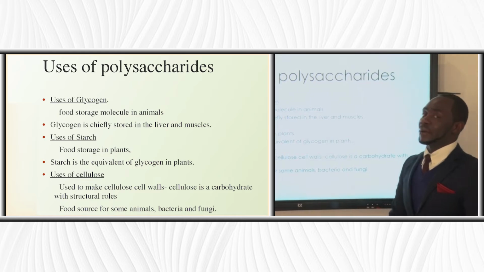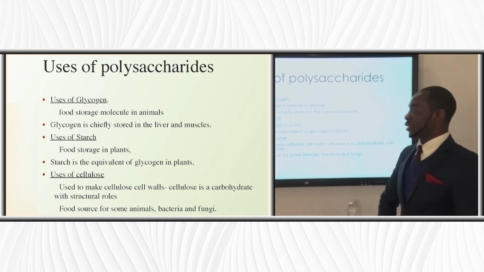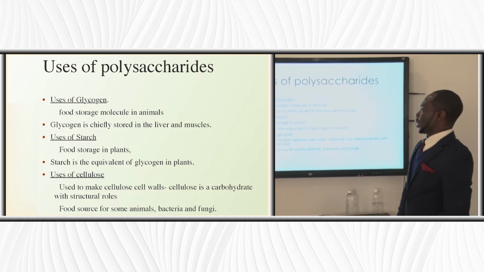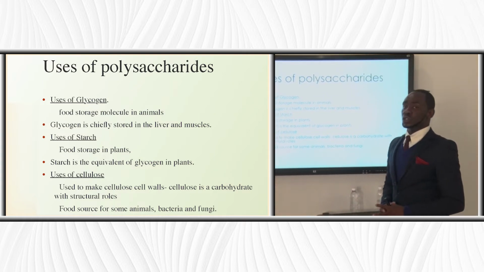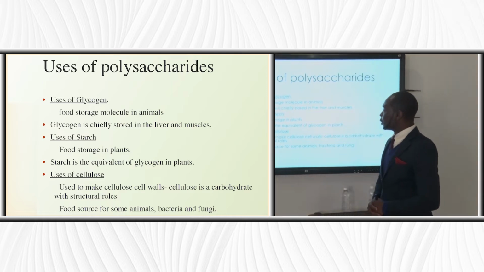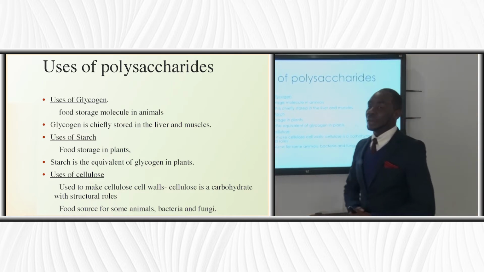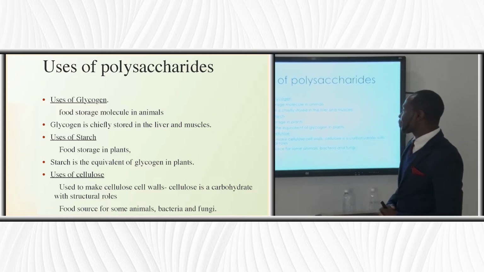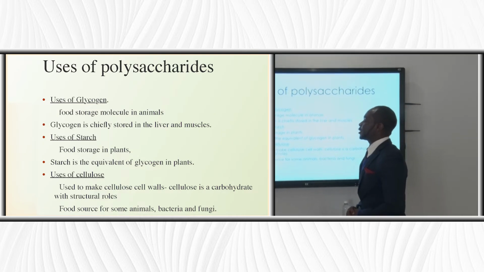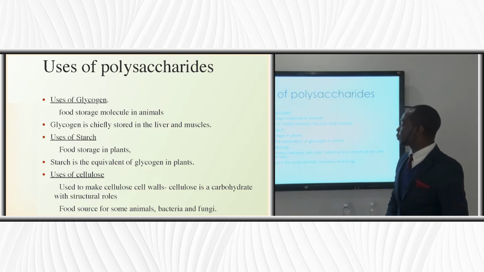Uses of polysaccharides. Let's start with the uses of glycogen. Glycogen is used as a food store molecule in animals. 2. Glycogen is stored in the liver and muscles. Uses of starch. Starch is used as a food storage in plants.